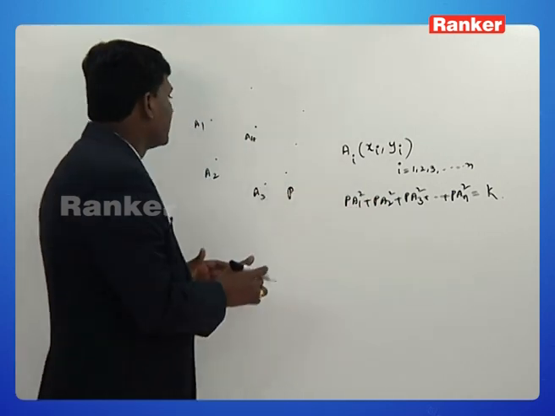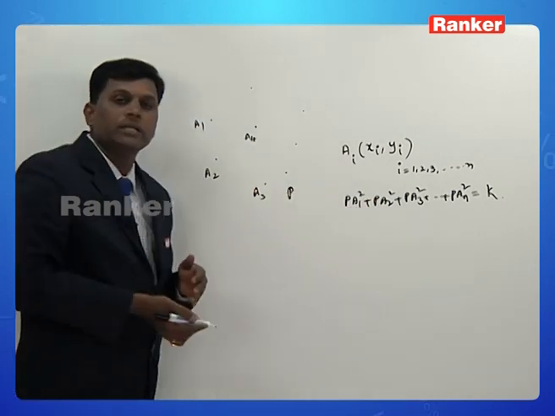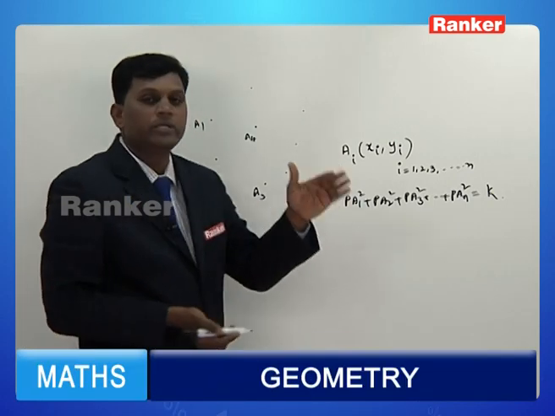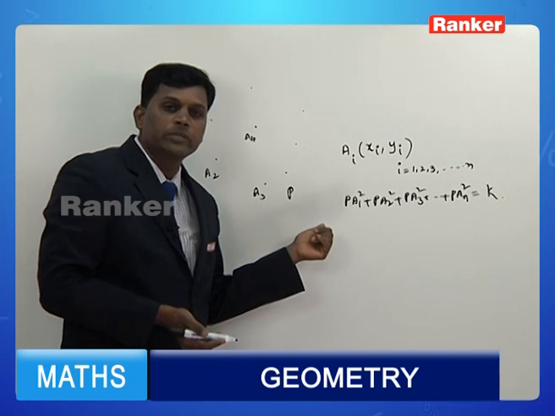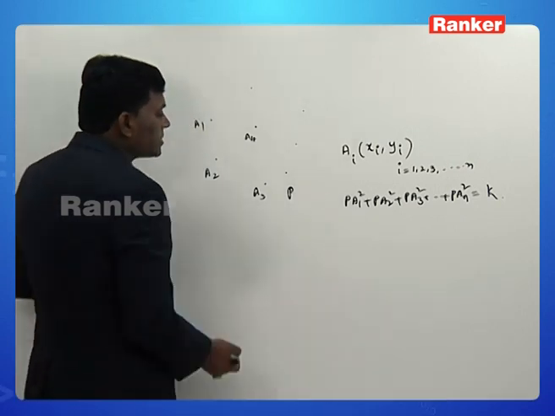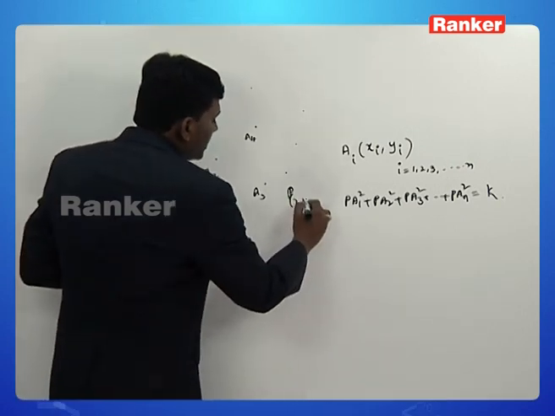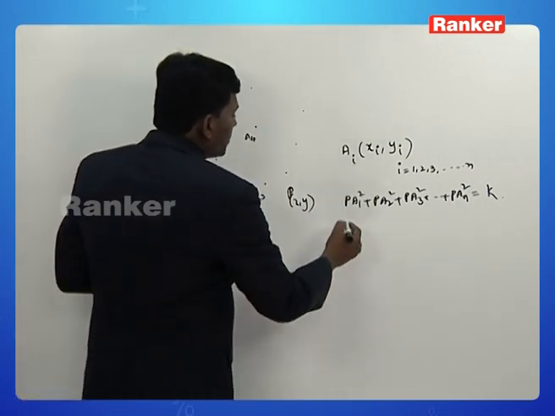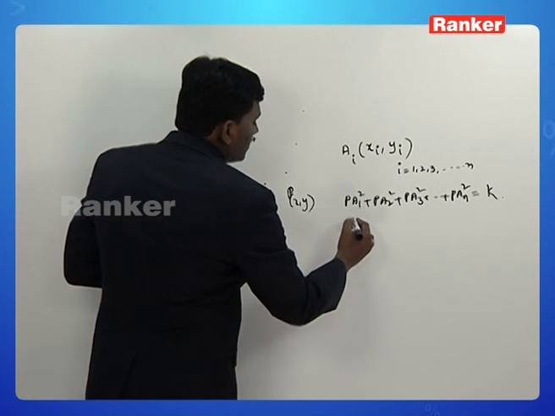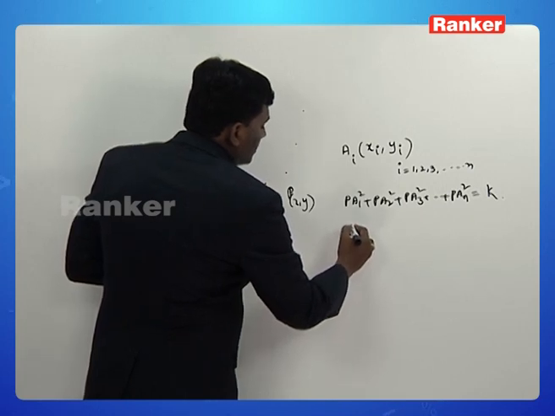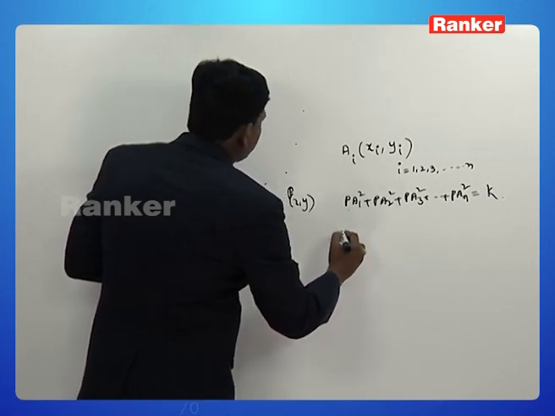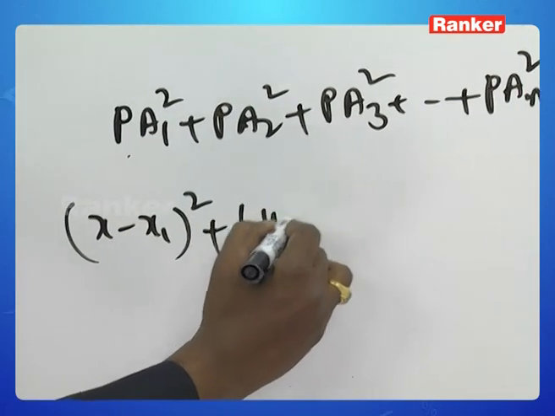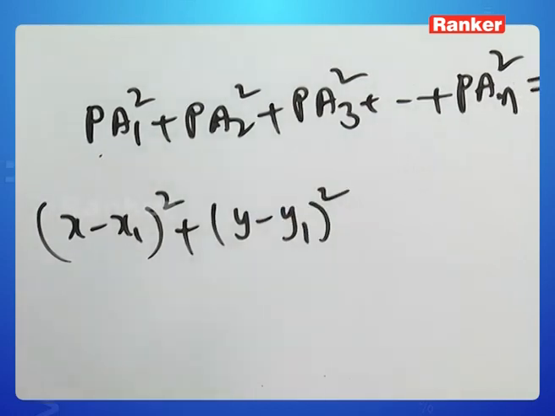Instead of analyzing this case diagrammatically, we can analyze it more comfortably with the standard equation we are going to get. Simplifying all these equations, let us analyze this. Let us take this point as (x, y). Taking these equations here, PA1 square is (x minus x1) whole square plus (y minus y1) whole square.